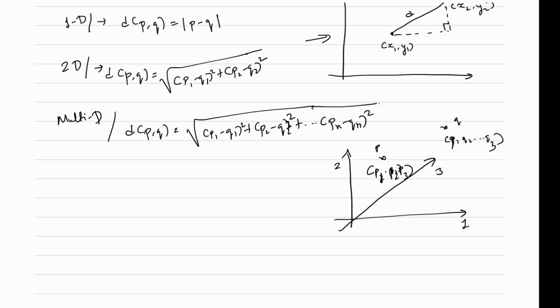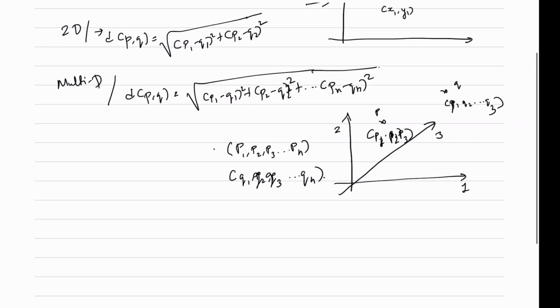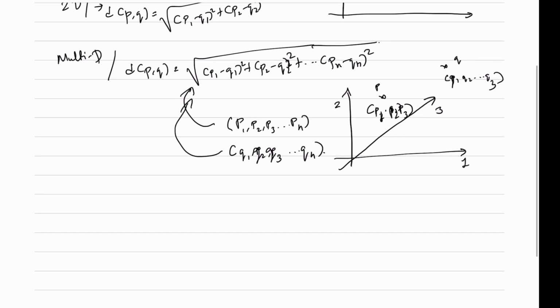And that dimension can keep changing. Let's say in an n-dimension format, the coordinates of the value of the p can be defined as p1, p2, p3 till pn, and the q will be q1, q2, q3 till qn, correct? So that feeds into the multidimensional distance formula, and that's how you're going to be calculating it, correct?